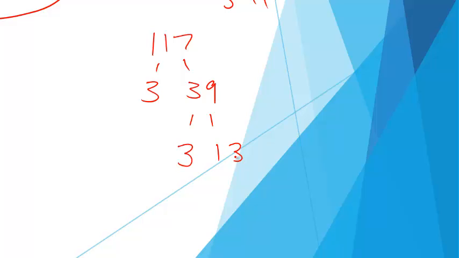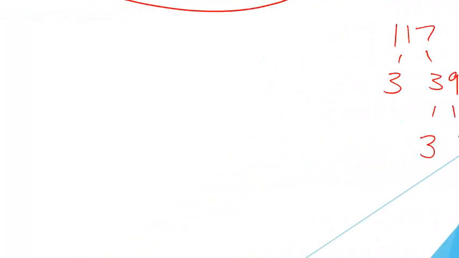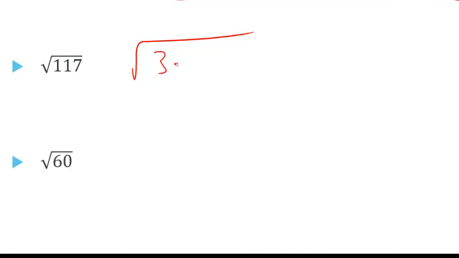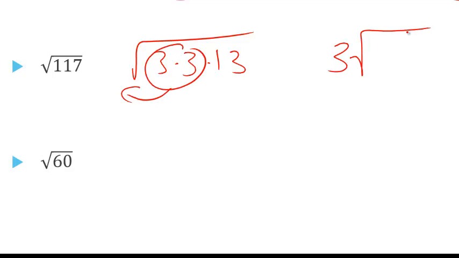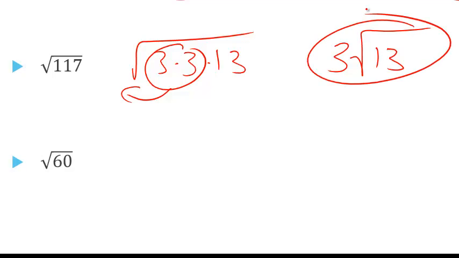And 13 doesn't reduce. So we have the square root of 3 times 3 times 13. We're just going to take out the 3's. So we have a 3 on the outside and 13. There you have it.